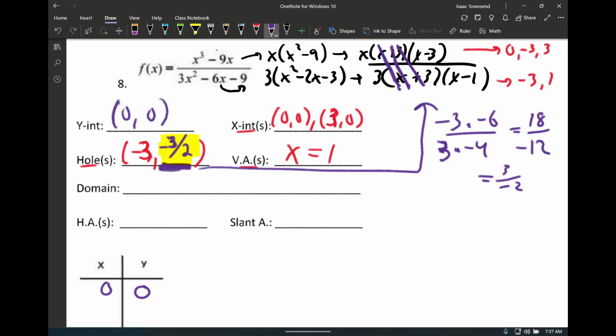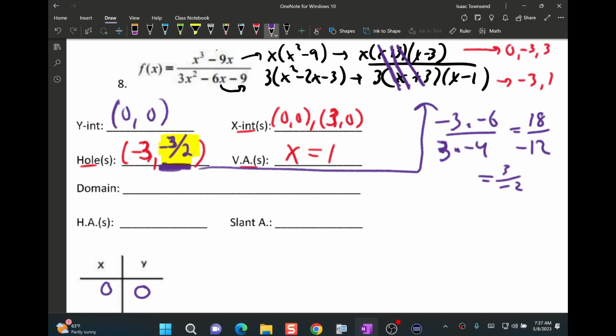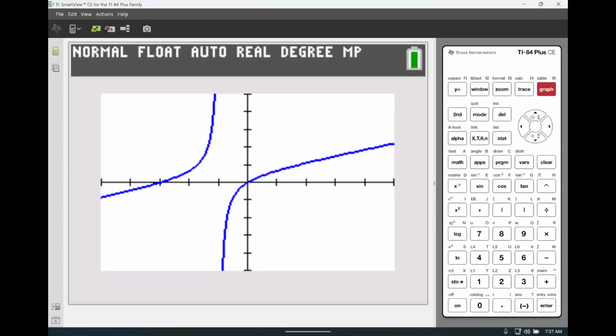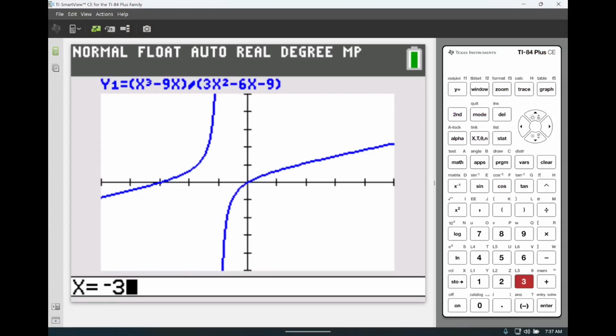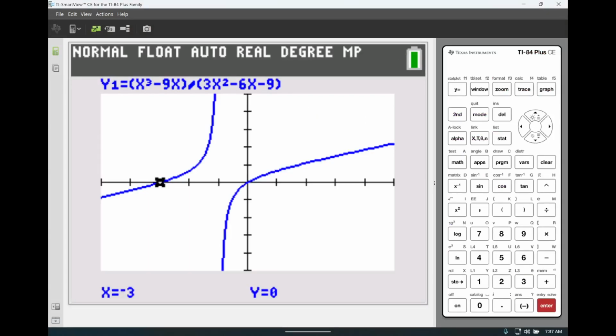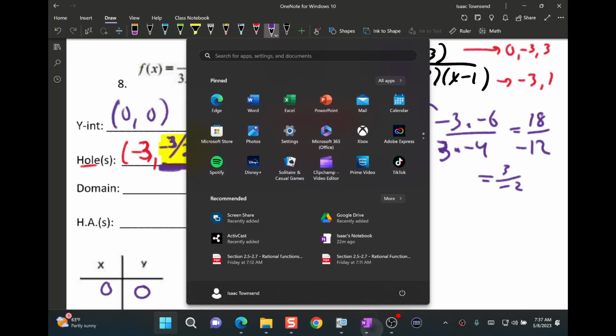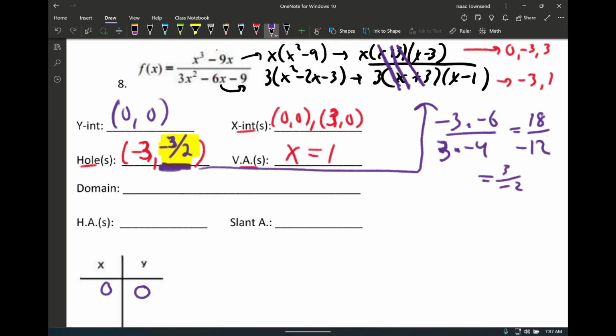Because remember, our calculator does not do a good job of showing the holes. But we can check that real quick since I have it graphed in here anyway. So if I hit trace -3 enter, it should tell me that y doesn't exist here. Okay, and it does exist there, so that tells me something is off.